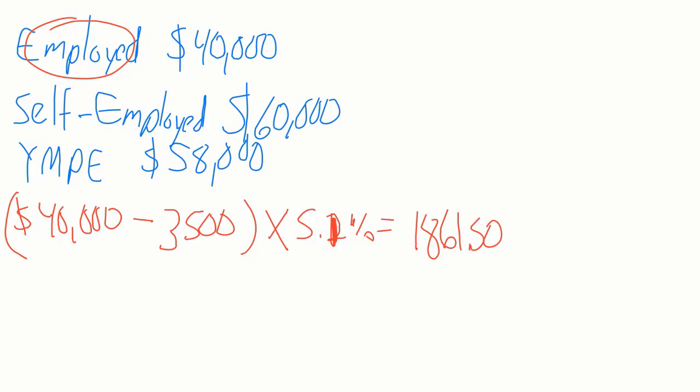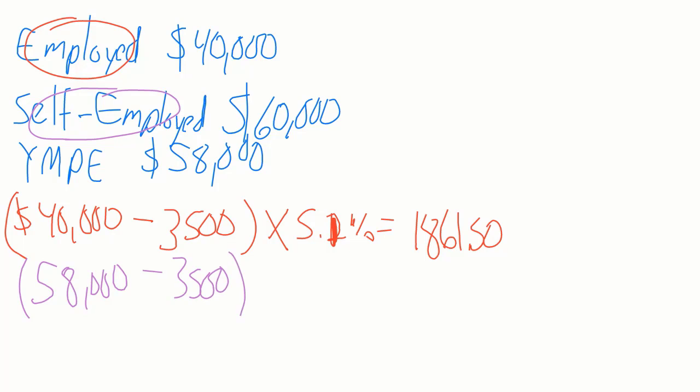Let's do the self-employed individual. They're earning $60,000. If they're over the YMPE, we just take the YMPE, $58,000 minus the 3,500 and times the 5.1%. And we get 5,559.